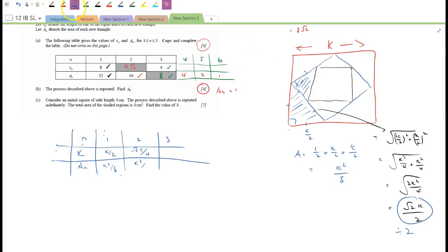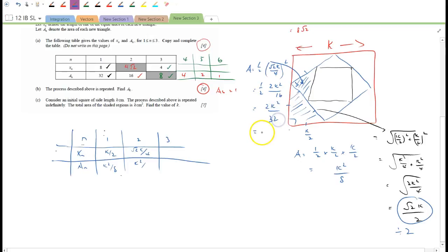then my area in there is equal to 1/2 of root 2 K over 4, root 2 K over 4 squared, which is 1/2 of 2K squared over 16, which is 2K squared over 32, which is equal to K squared over 16.